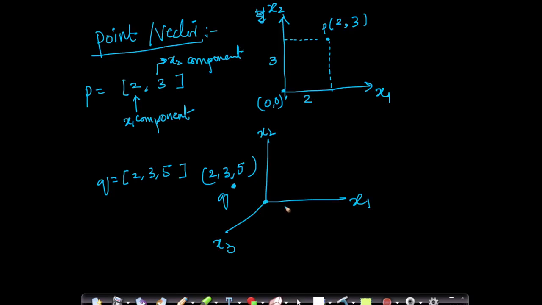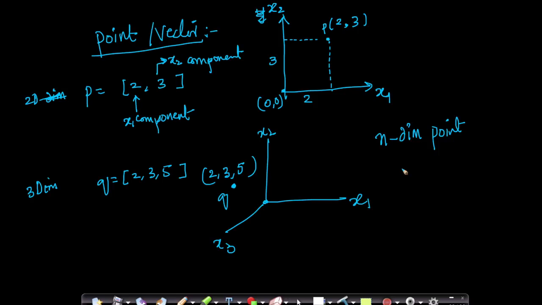Now the immediate question that I get is, this is a two-dimensional point and this is a three-dimensional point, but what about an n-dimensional point? How do I represent an n-dimensional point? Because I promised you that linear algebra is all about taking our learnings from 2D and 3D and extending them to n-dimensional spaces, right?